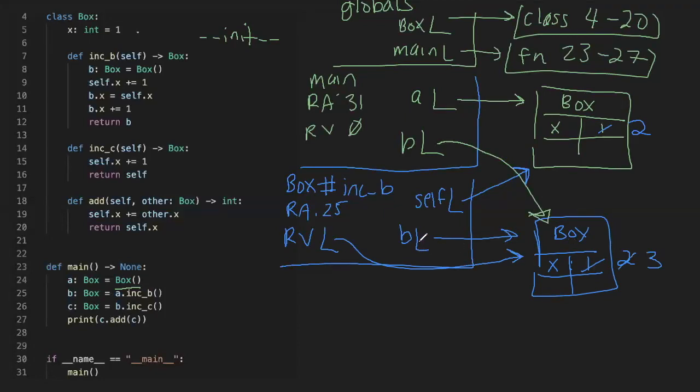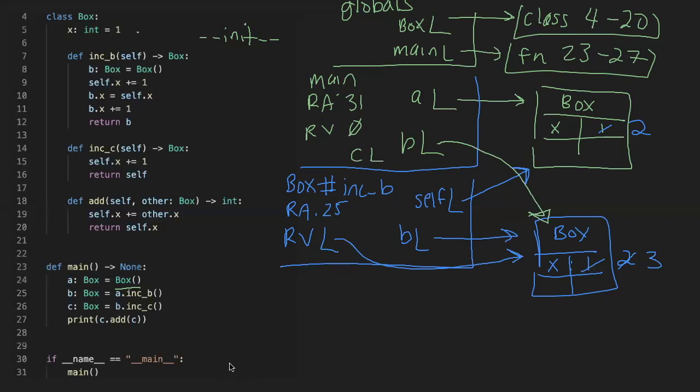Okay. So moving on, I didn't draw a very good sized frame here, but now we set up another Box, c, that is the result of calling the inc_c method on the b Box.